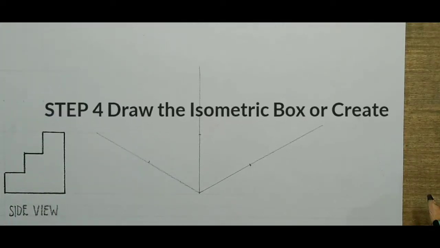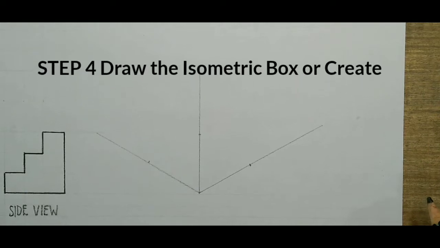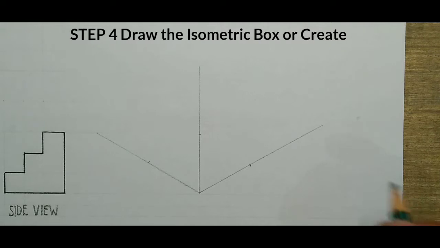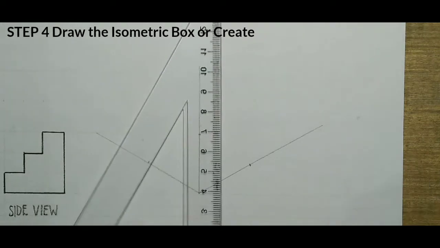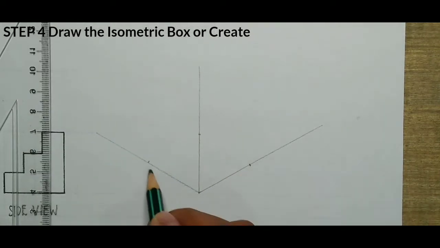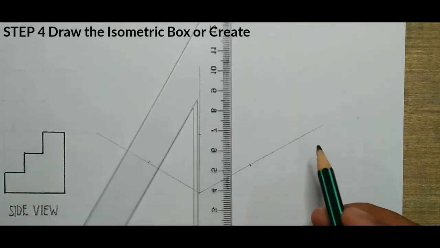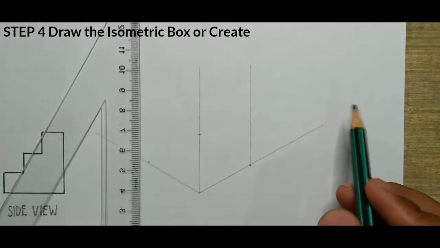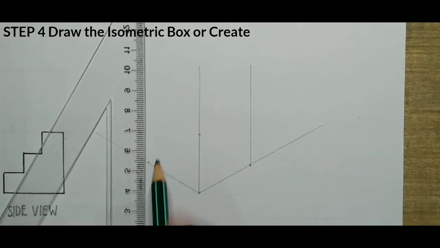Okay. Step number 4. You draw the isometric box or create lines. This is how to do. On this point, you project vertical lines using a triangle. Another vertical line.